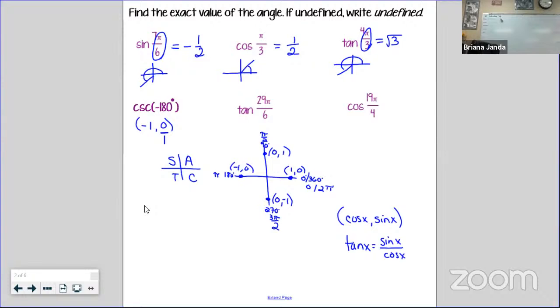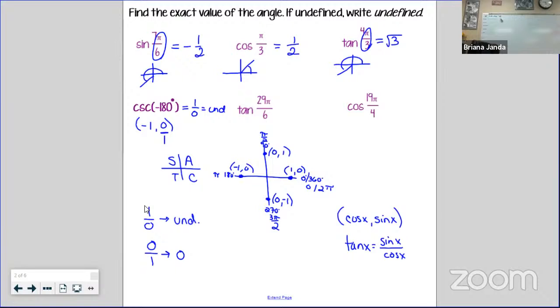So sine 0, if I make it look like a fraction, it's 0 over 1. If I turn that upside down, it's 1 over 0. So remember that 1 over 0 simplifies to undefined, where 0 over 1 simplifies to 0. So we would say our answer is undefined.